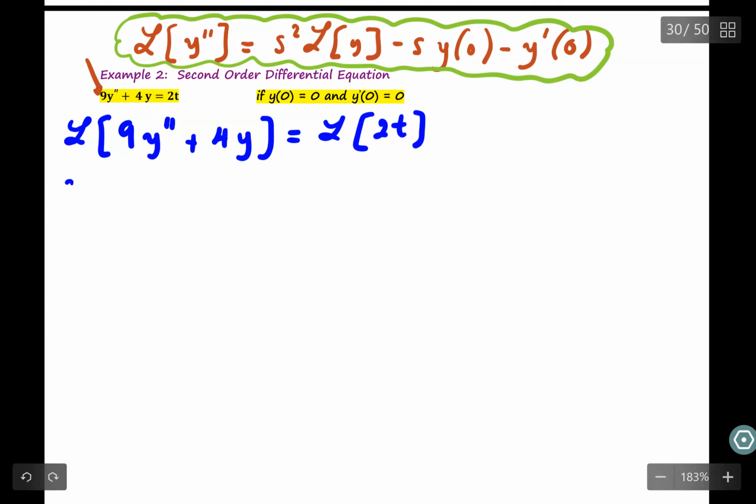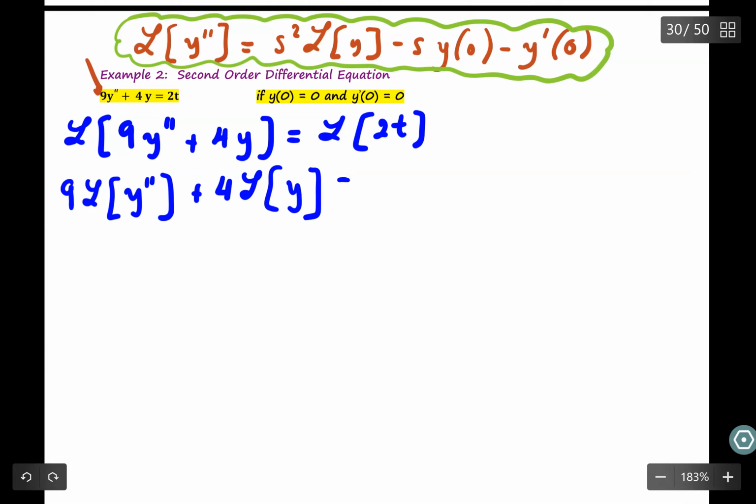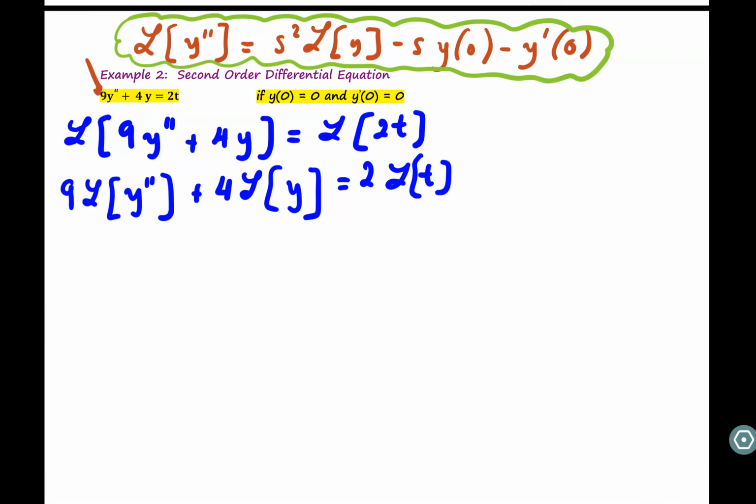At the same time, I will take 9 and multiply by Laplace of y double prime, and 4 times Laplace of y equal to Laplace of t, and I can bring 2 across the Laplace transform sign.